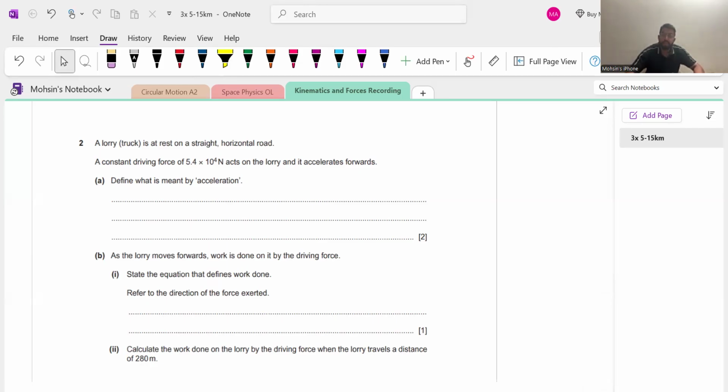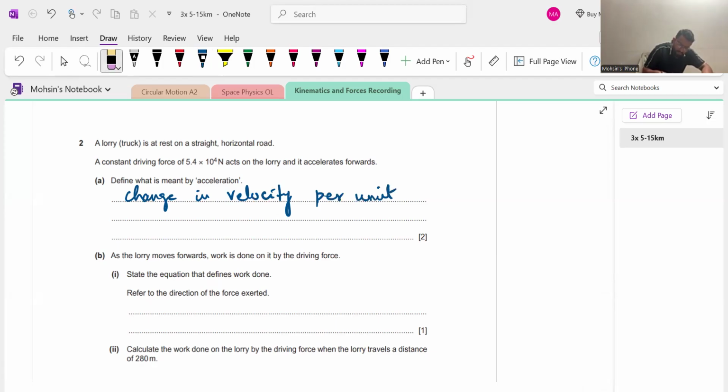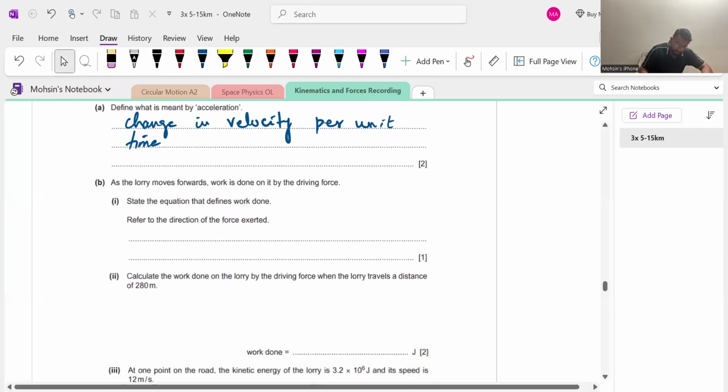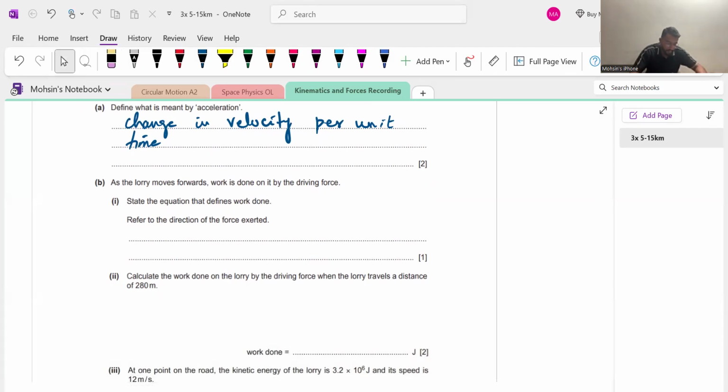Define what is meant by acceleration. It is the change in velocity per unit time.